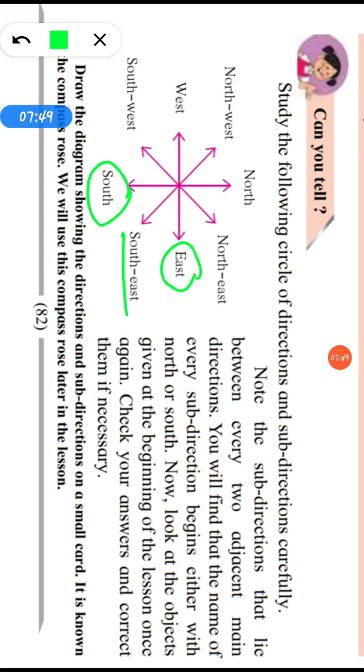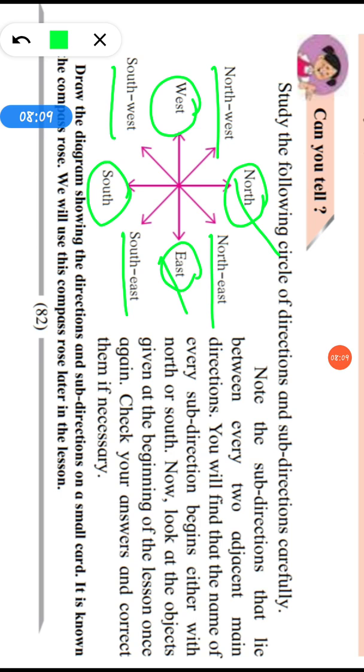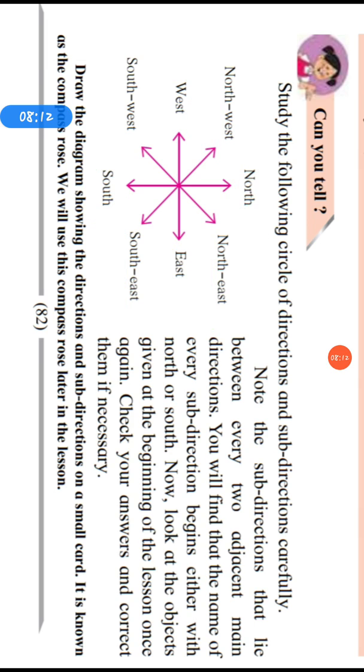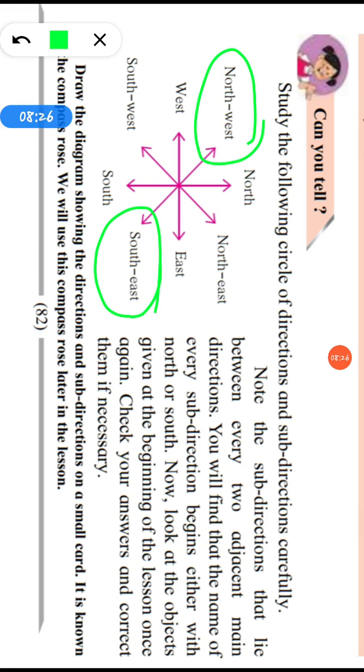The subdirection between south and west is called southwest. The subdirection between north and west is called northwest, and the subdirection between north and east is called northeast. The southeast is facing northwest and the southwest is facing northeast.